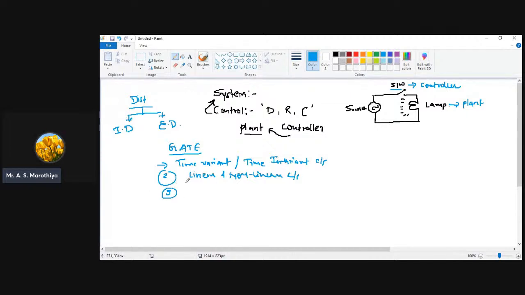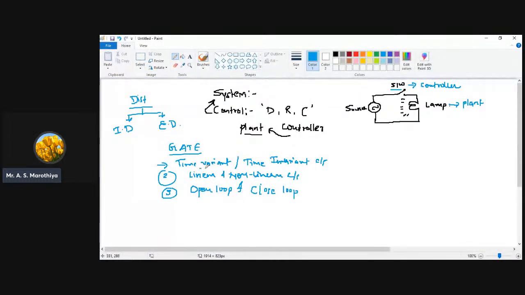And third, open loop and closed loop control systems. That is again very important.